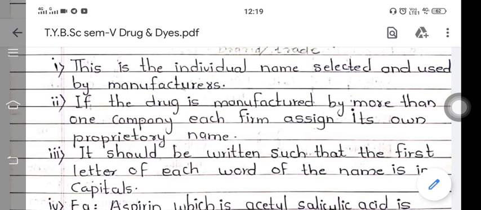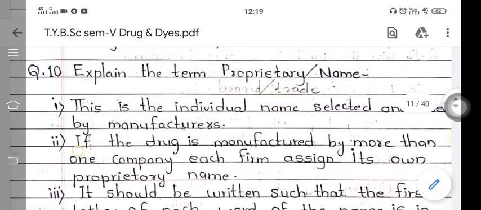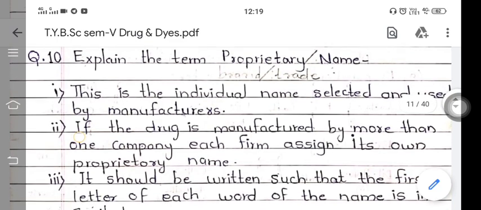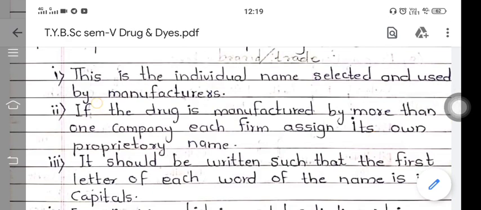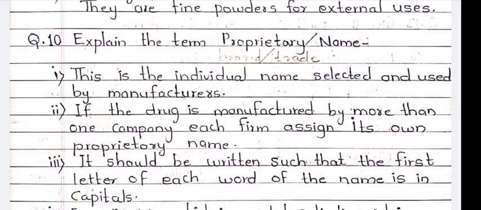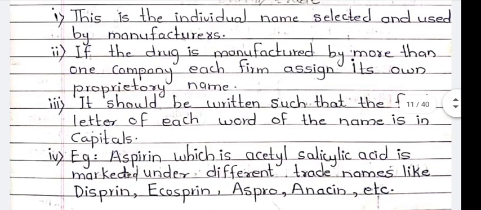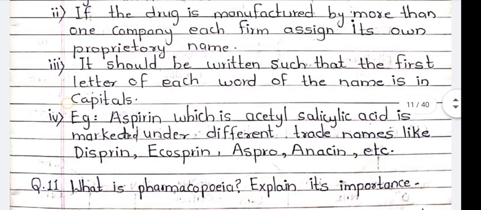Today we are going to take the revision of the proprietary names. This is the individual name selected and used by the manufacturer. If the drug is manufactured by more than one company, each firm assigns its own proprietary names.